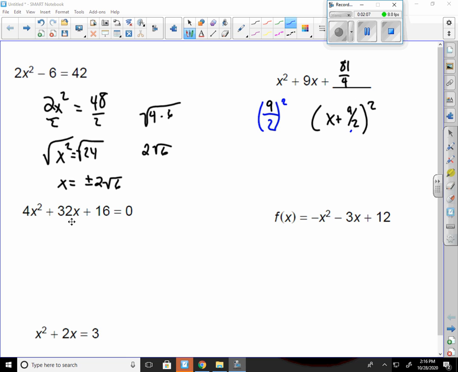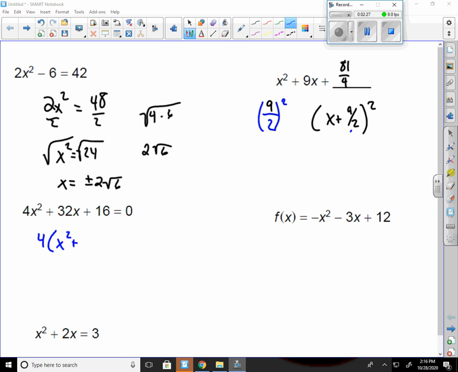All right, next one. First thing I notice here is if I'm going to complete the square on this, I can divide everything by 4. Remember, you can't complete the square as long as there's a number in front of the x squared. So let's factor a 4 out of everything.